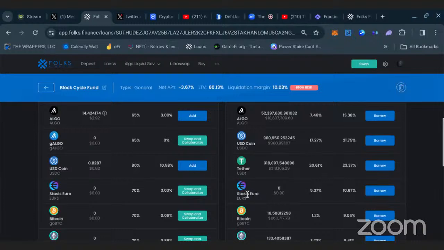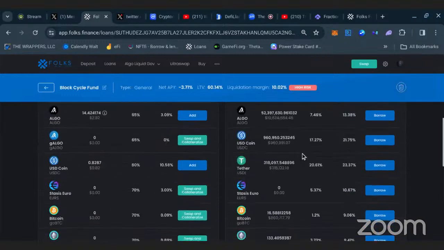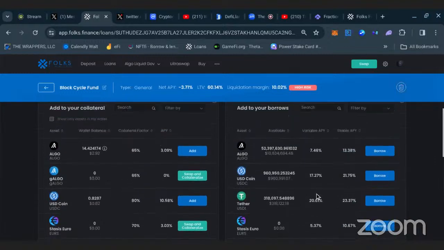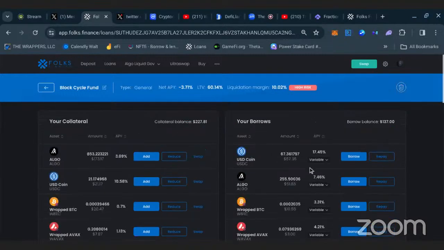So in this instance, now that I'm looking at it myself, I would go with the euro on the borrow. Now that I see that, I'm actually going to switch that up. What do you mean you go with the euro on the borrow? It's 5% to repay the euro. Even though you really don't care about it, it's still lower than what I'm actually using right now. Okay, I see what you're saying.